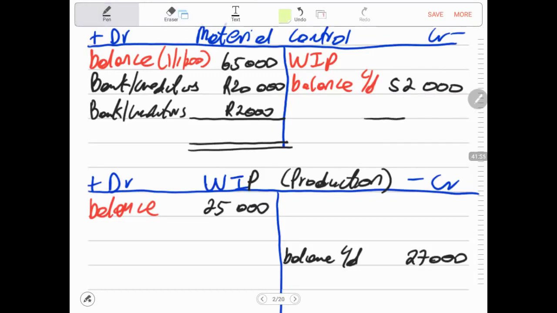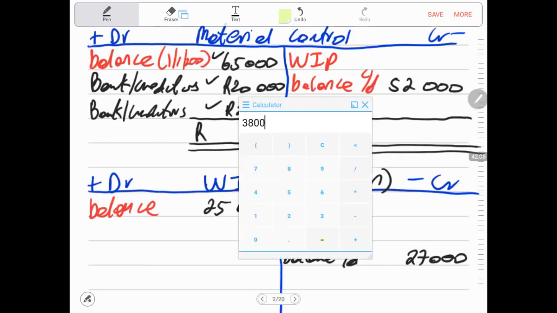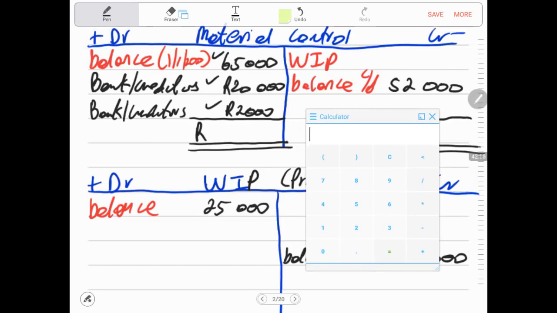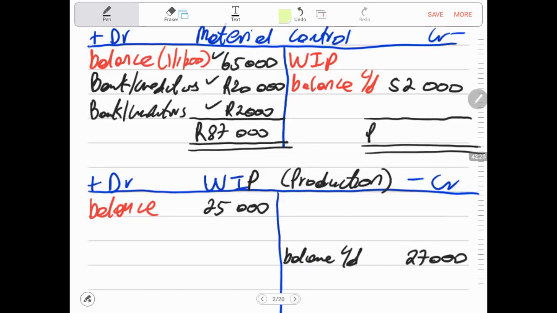Material available will be opening plus purchases plus transport cost. It will give us the total material that was available to be used in the production department. Then we have 65,000 plus 22,000, and this gives us 87,000 rands. So now material that was available for use is 87,000 rands.